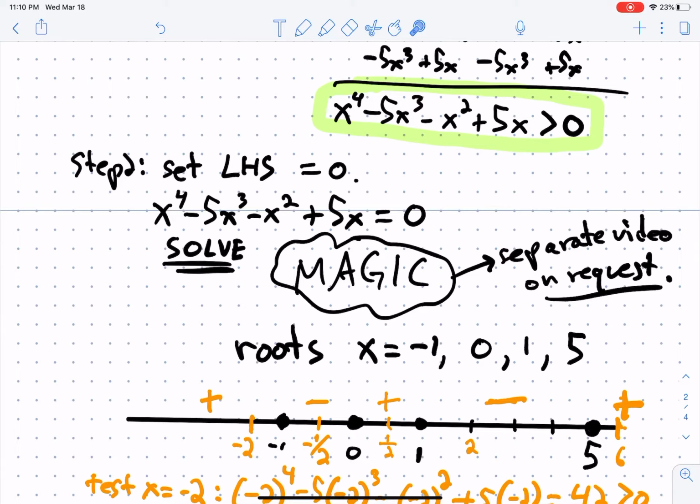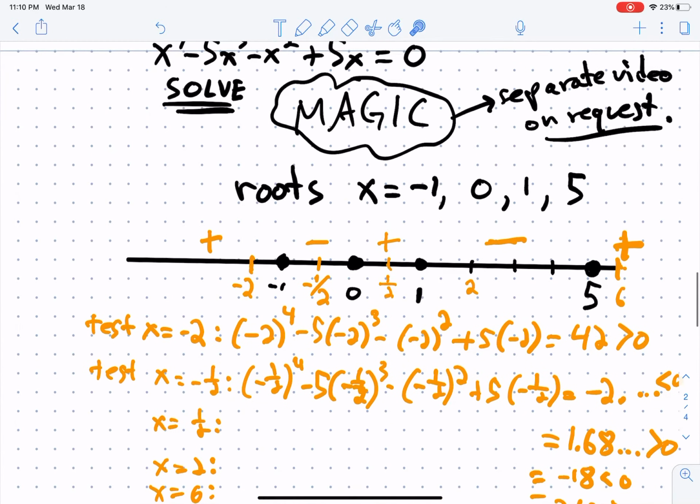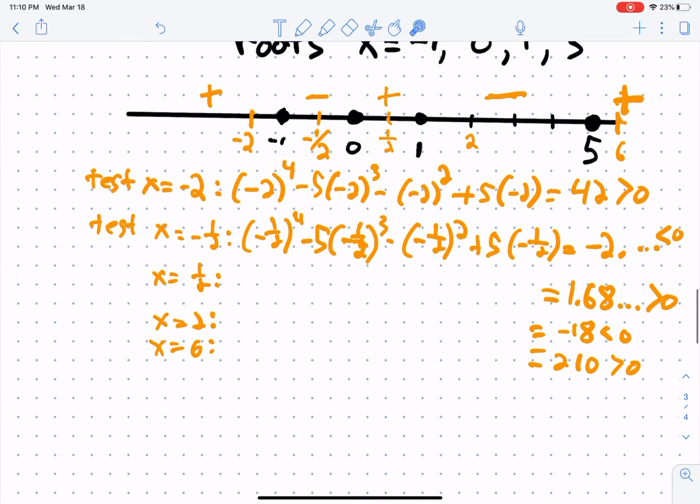However, since we're looking for places where it's positive, we do want to include all the numbers down here, up to but not including -1. We want to include all the numbers in the middle here, and all the numbers up here. Those are the ones that corresponded with the plus sign, since we're looking for things bigger than 0. So it's just a matter of capturing those intervals.